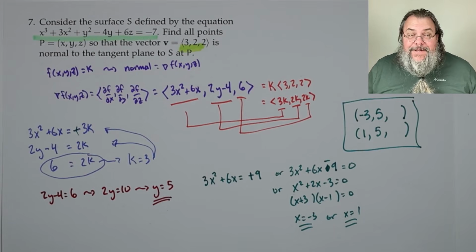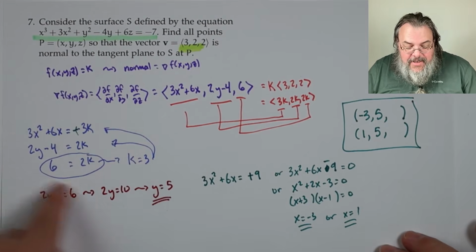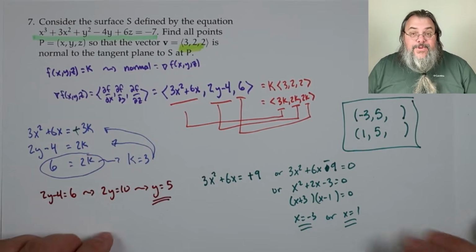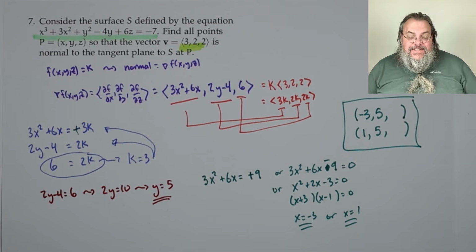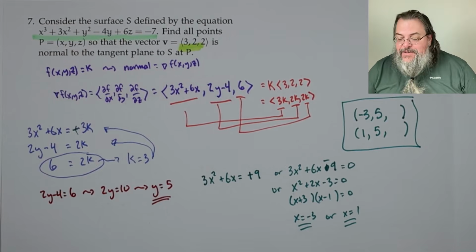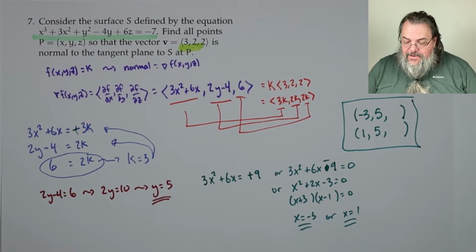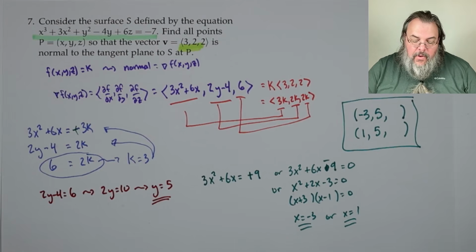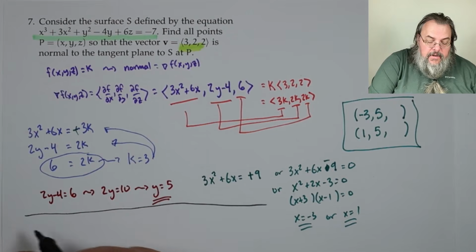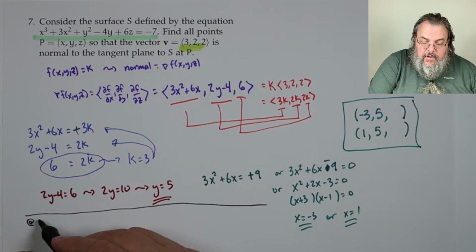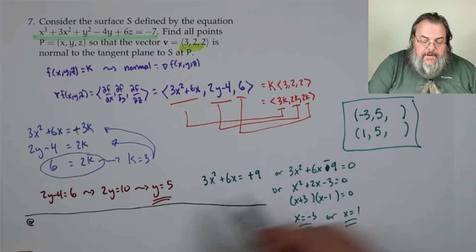Where do we get the z from? It's not anywhere in here. There's no z. The answer is we go back to the original formula. Let's see what happens when we plug in our point, and we can do (1, 5) first.